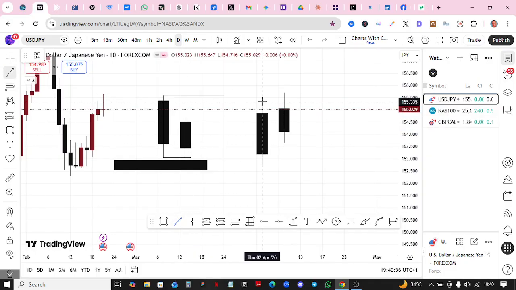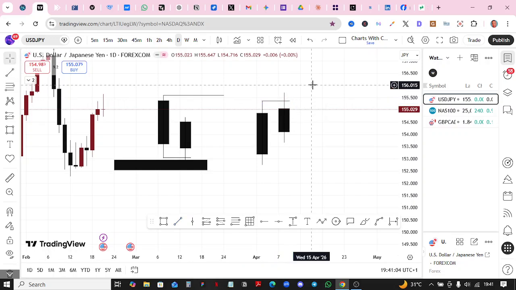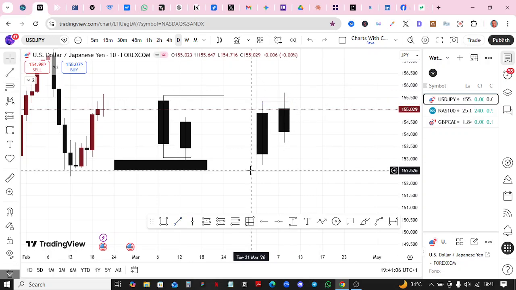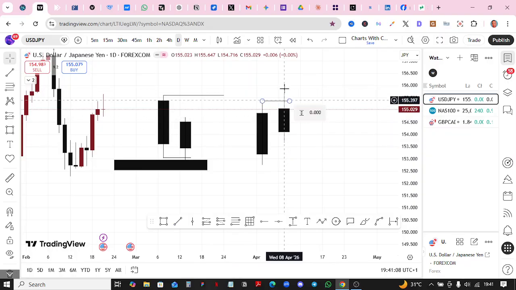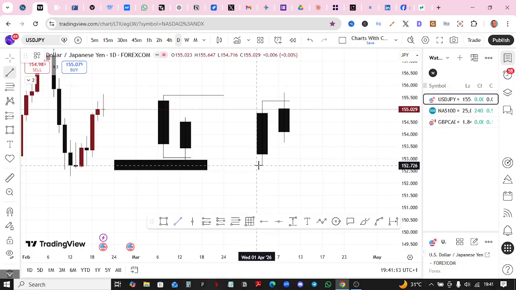Okay, so if price sweeps this high and closes below it, the next target will be this low.